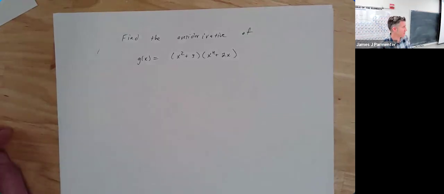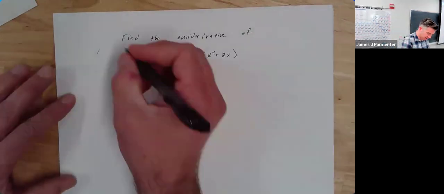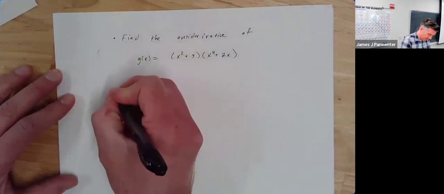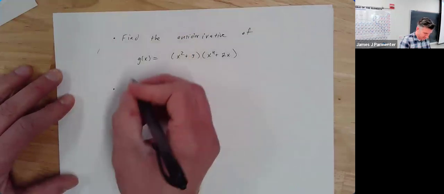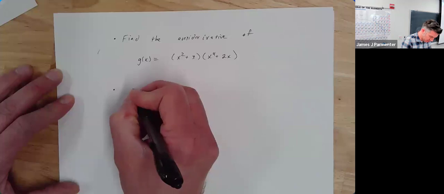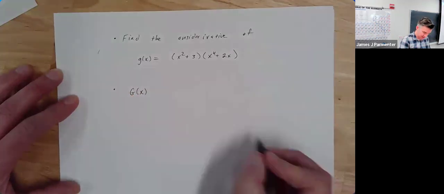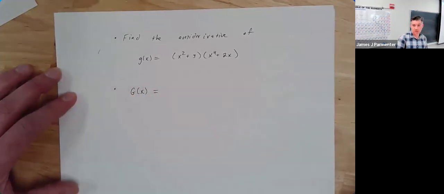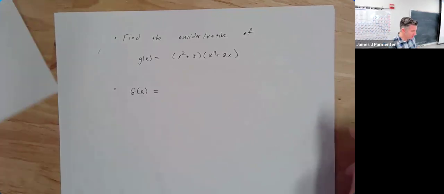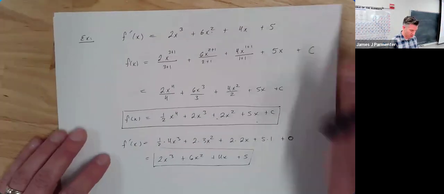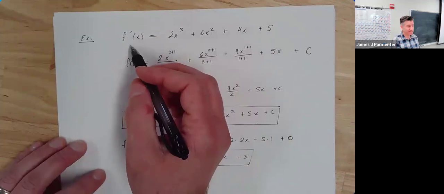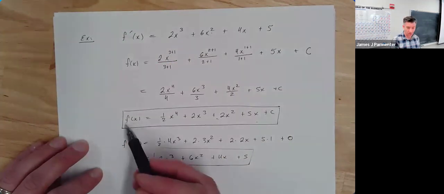So in this case, it kind of depends on what you want to write. If it were me, I would probably write it as, well, I'm going to simplify first, but I would write it as g of x, capital G of x, equal to. So in the previous problem, since the original thing we had started with, we had called f prime, its antiderivative was just regular f.